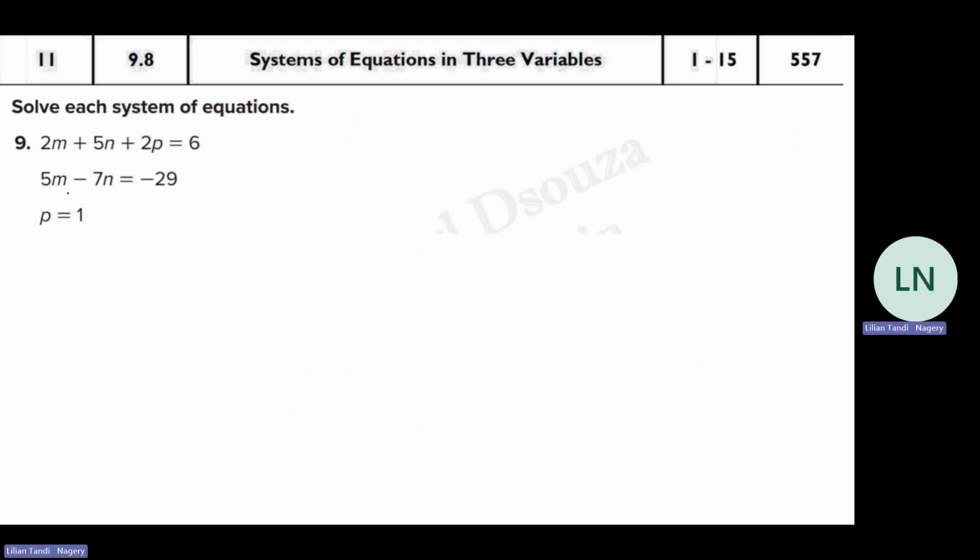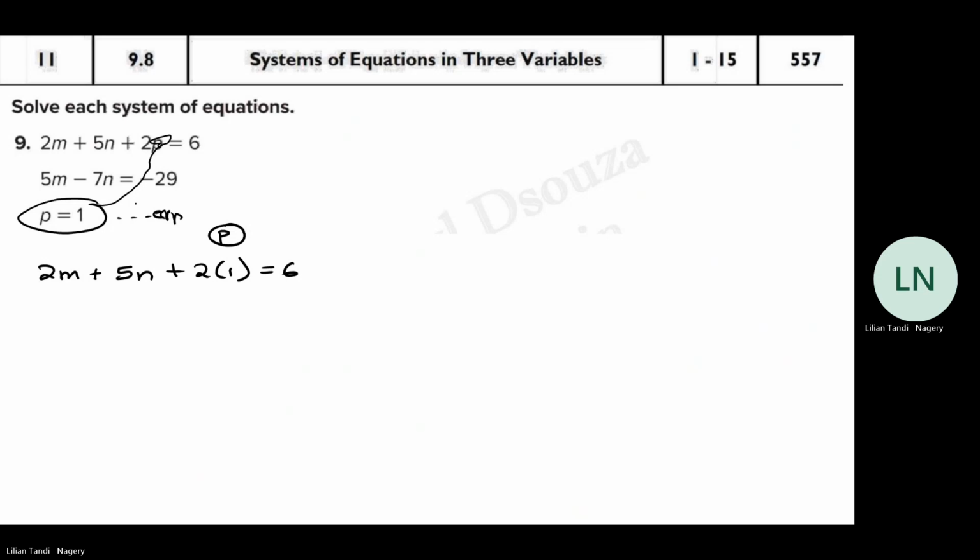P is already 1. So substitute it over here. So you're going to have 2m plus 5n plus 2 bracket 1 equals 6. That means you're eliminating p. You're eliminating p and you're using equation 3 and equation 1.